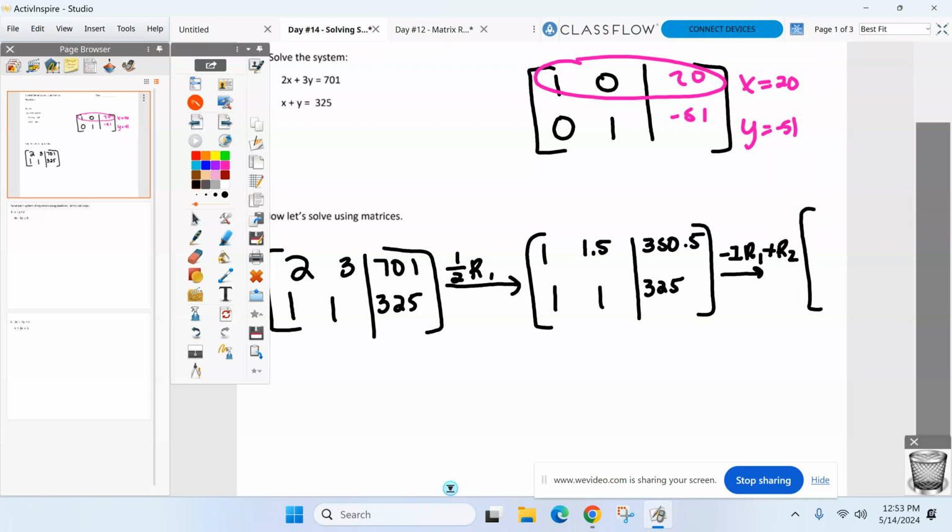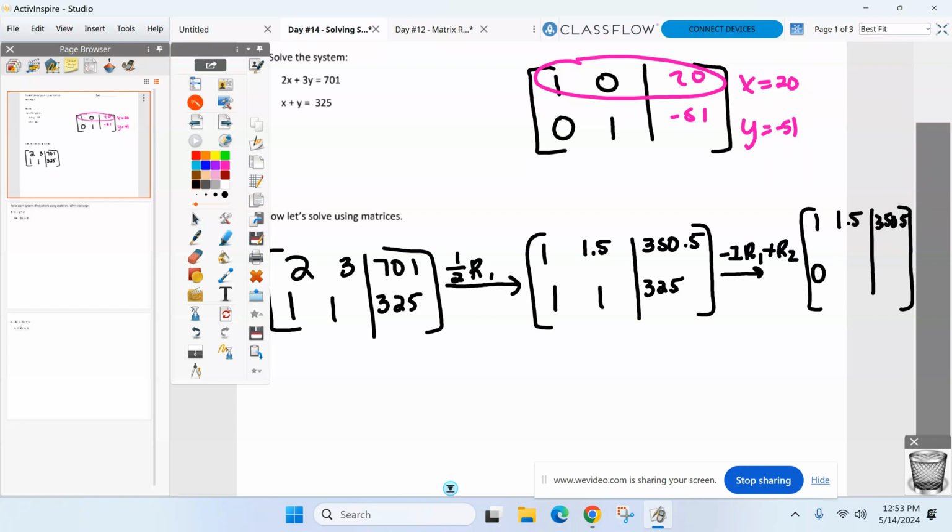All right, row 1 staying the same: 1, 1.5, 350.5, and here we go, 0. Be careful now. I know we have decimals, but you have calculators that can help you out.